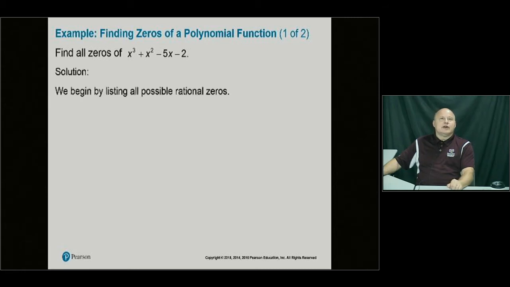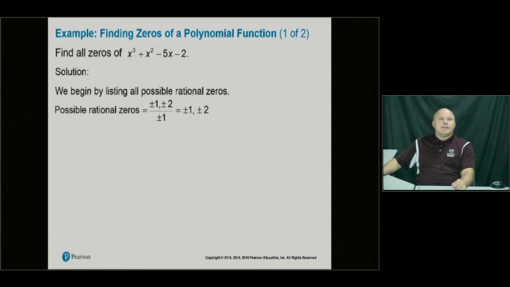So here goes. We begin by listing all possible rational zeros. What are the possible p-values, the top? Those are the possible factors of the constant, -2. If you said 1 times -2 and -1 times 2, that's it. So it's plus or minus 1 and plus or minus 2.